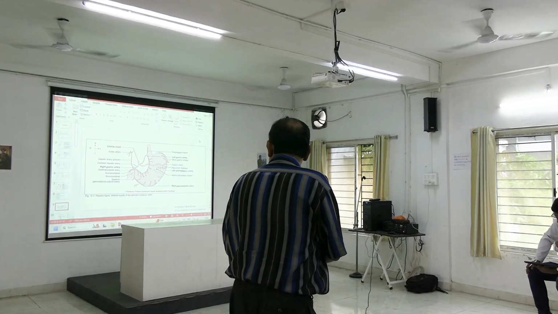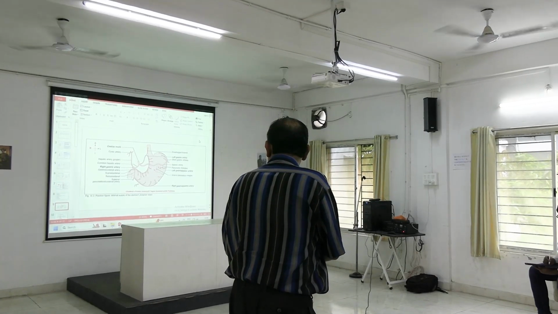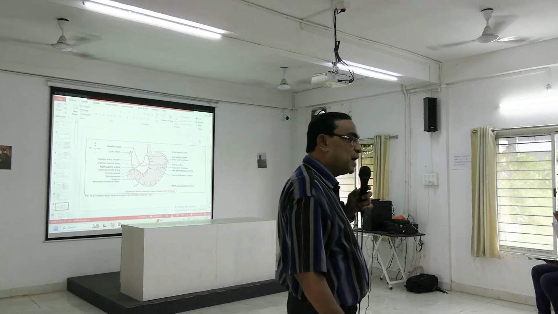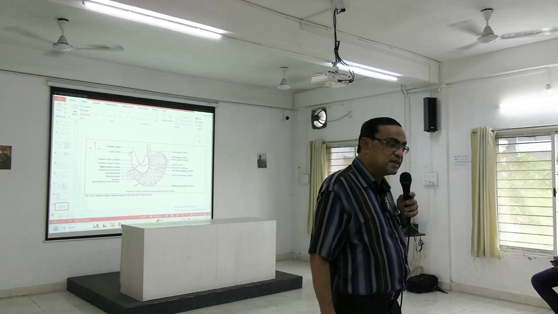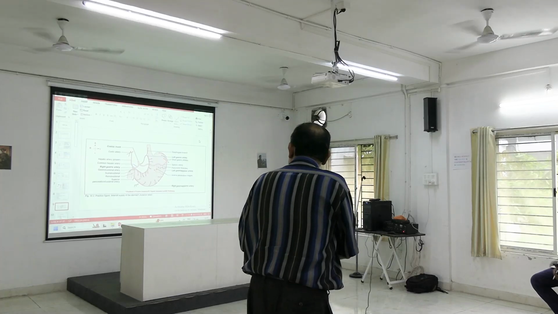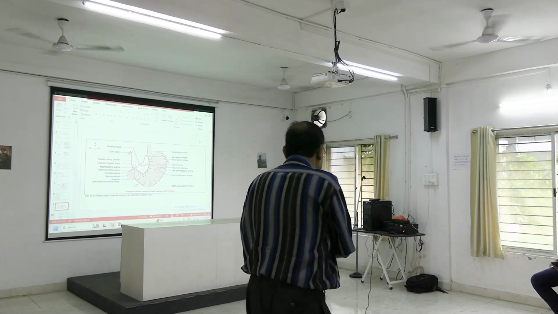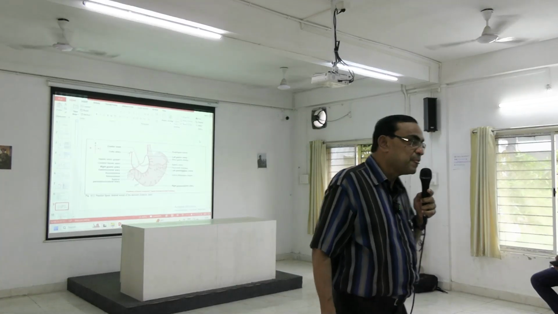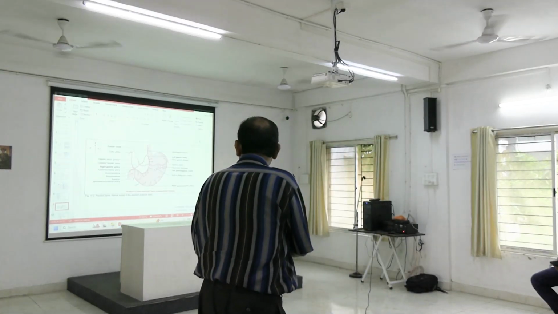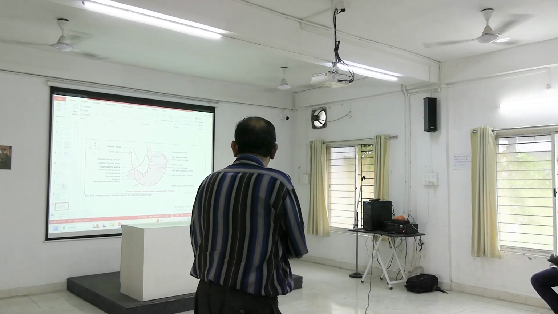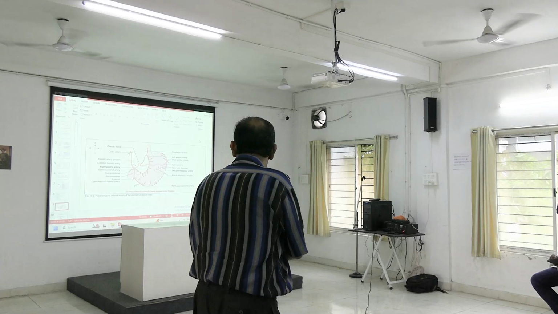One is not shown here, that is the posterior gastric artery, which I cannot see here, but it also gives a posterior gastric artery, and it also supplies some blood to the fundus of the stomach. We can get some branches here which are called short gastric arteries, which come out from the splenic artery.